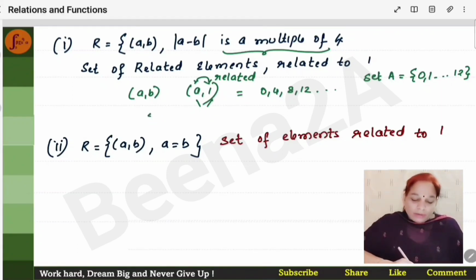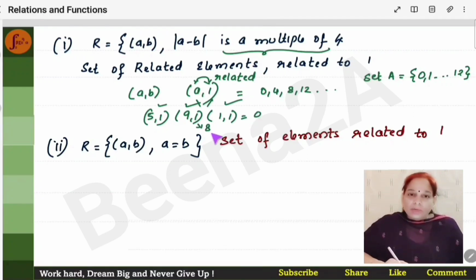So, it can be 5, 1. It can be 9, 1. It can be 1, 1, right? 3 combinations are there. 1, 1 is 0, 9, 1 is 8, which is a multiple of 4, and 5, 1 is, when you subtract, you will get 4, which is again a multiple of 4. You cannot take number greater than 12 because a set does not have number greater than 12, right?